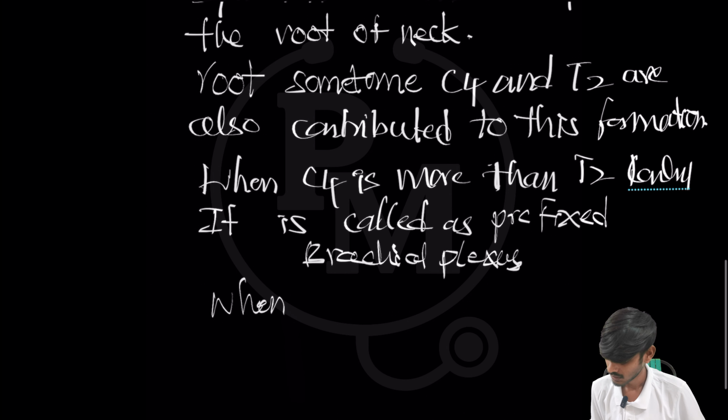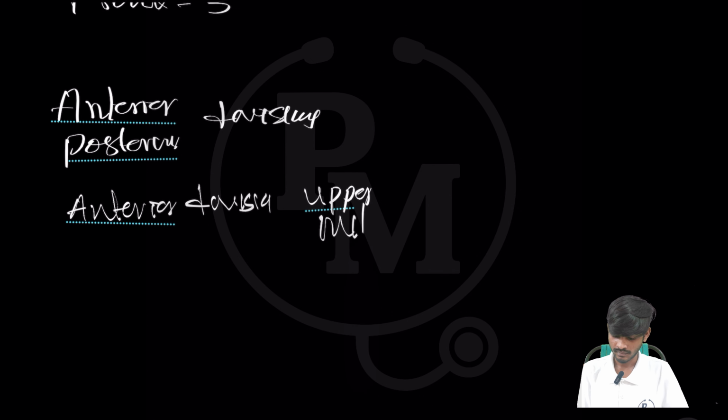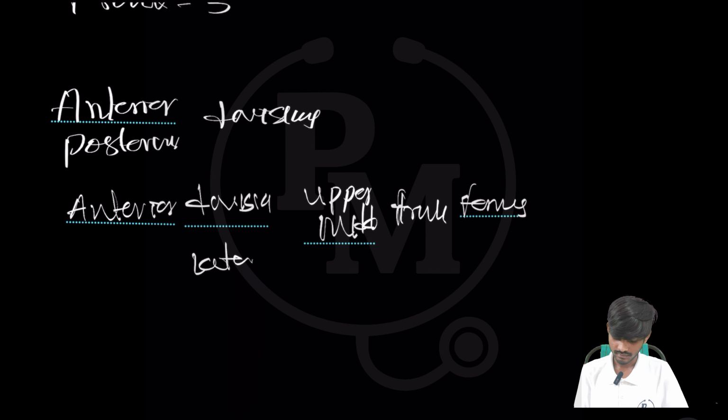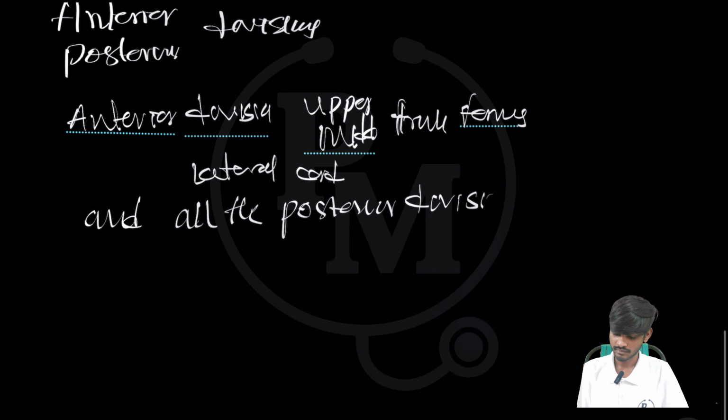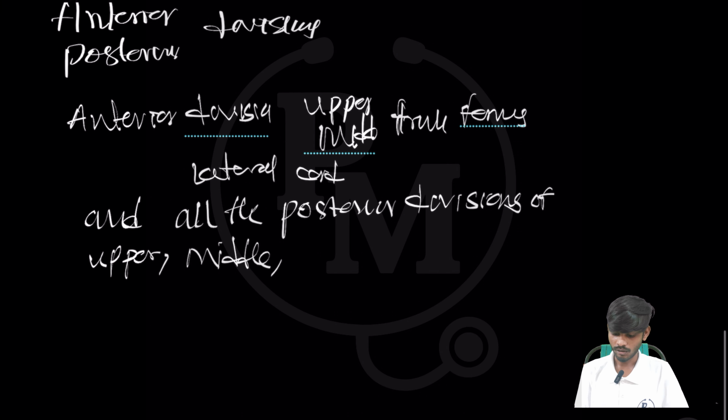And let's learn about how the cords are formed. Anterior division of upper and middle trunks forms lateral cord, and all the posterior divisions of upper, middle and lower trunks form posterior cord.